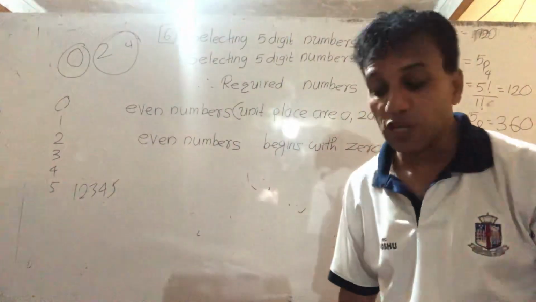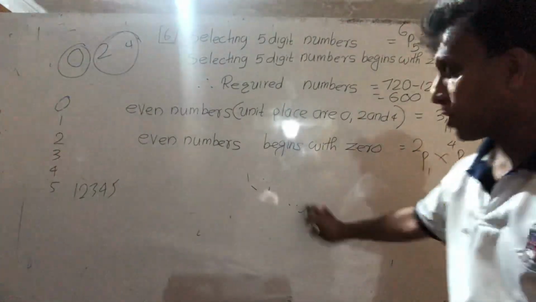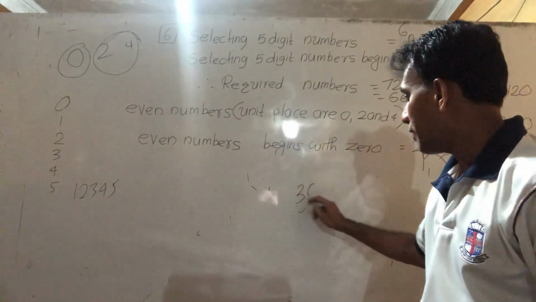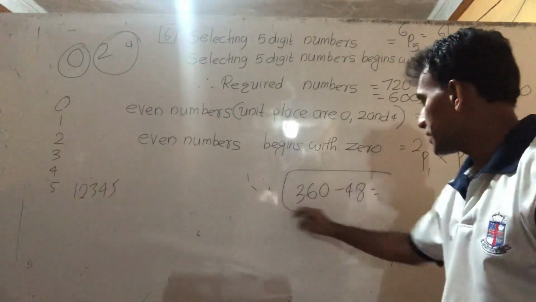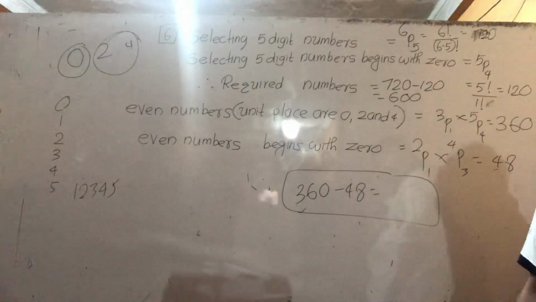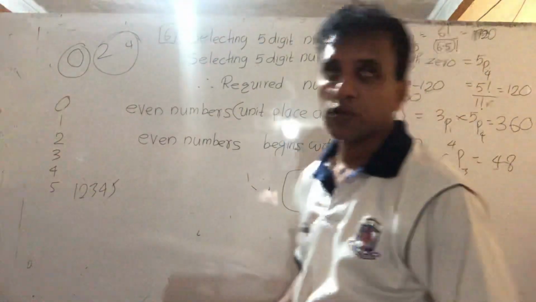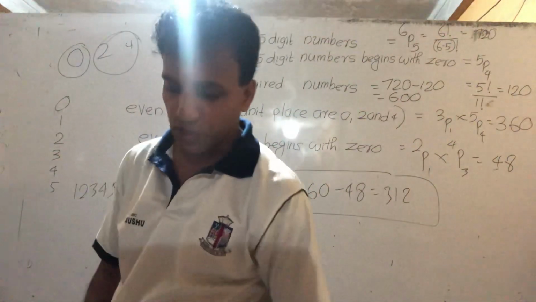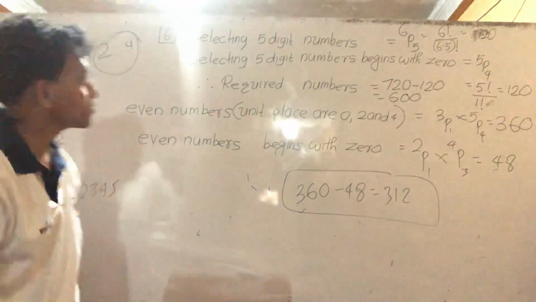Therefore the required even number is what? From this you subtract. Therefore the answer is 360 minus 48. Subtract, it becomes 312. This is a well balanced, structured type question. This type of question appears in the past paper, so you can see, right? This is question number 6.